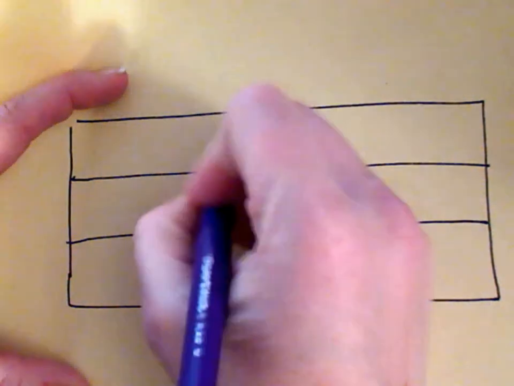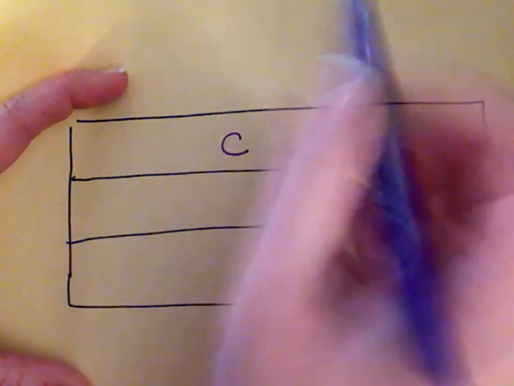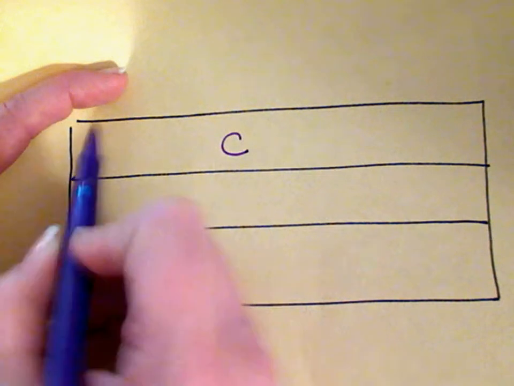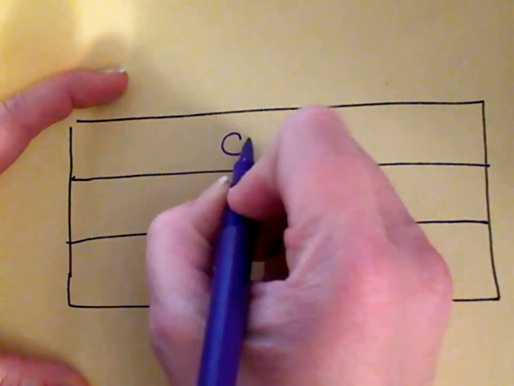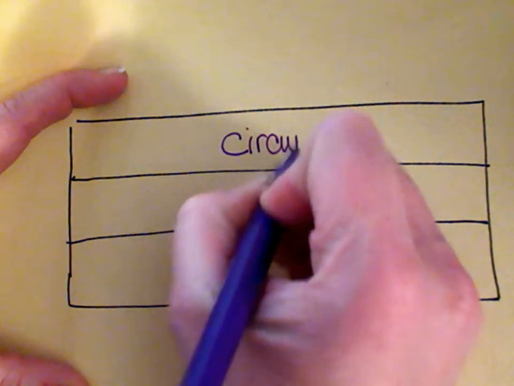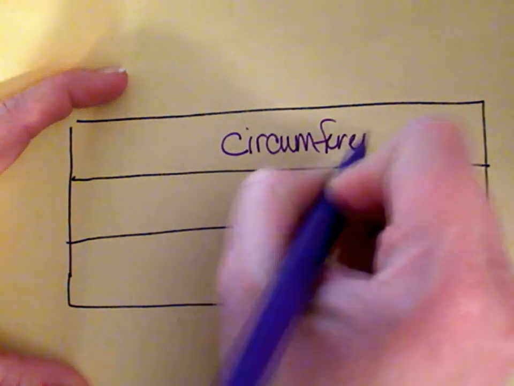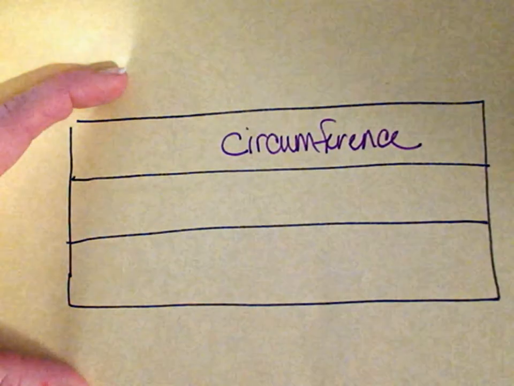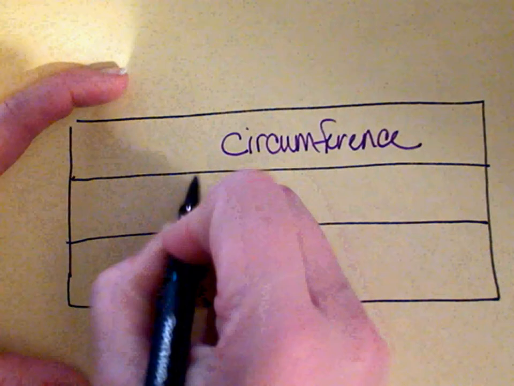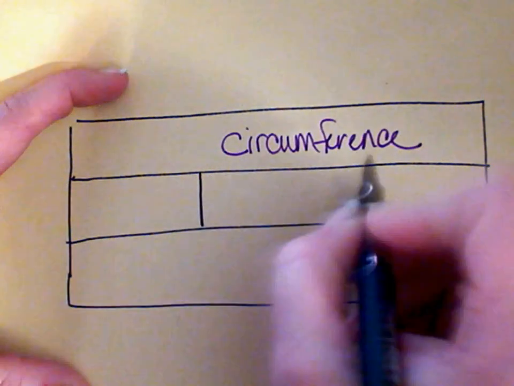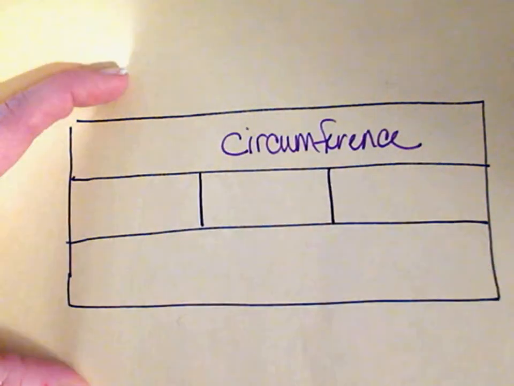So we started out with a rectangle and then put it into thirds. The top portion is going to represent our circumference. So let's say we flattened out our circle and put our circumference in a flat line. So here's our circumference. That's our big number.